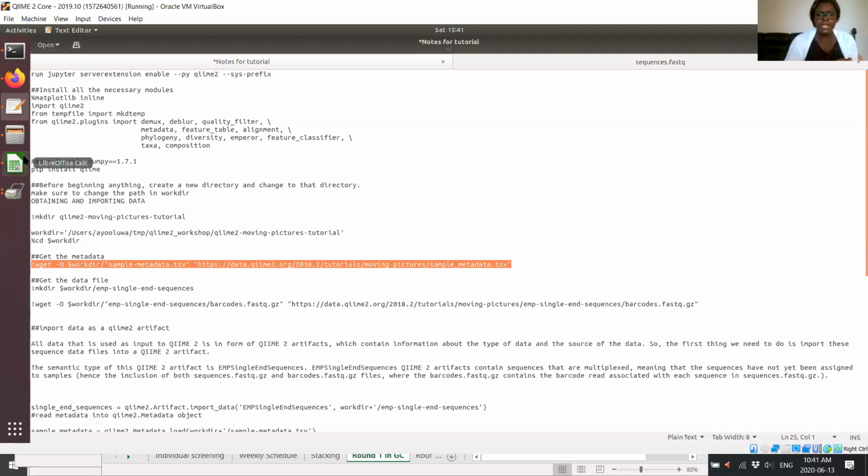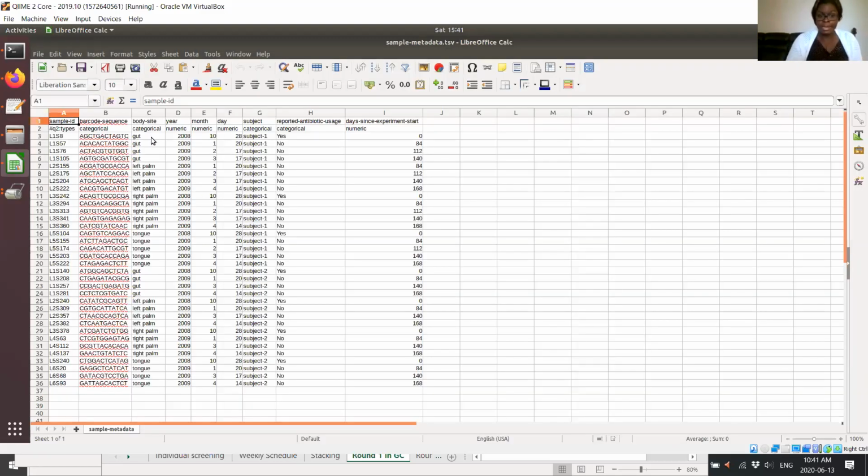And this is what their metadata file looked like, where, like I said, they obtained different microbial swabs from 5 parts of the body: the guts, the palms, left and right, tongue, gut, and all of that. They took the samples over a span of a year, and they put things in their metadata file, categorized as either a numerical variable or a categorical variable. There we go. So you want to make sure you have this file downloaded on either your Linux or your notebook. You're going to need your metadata file.